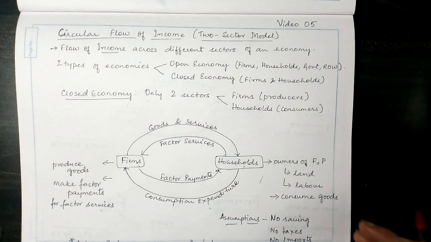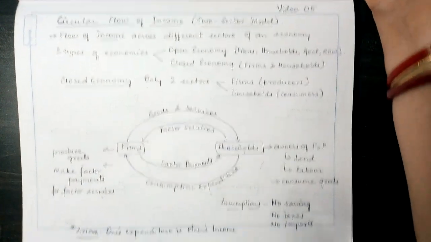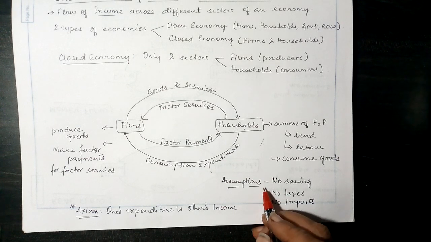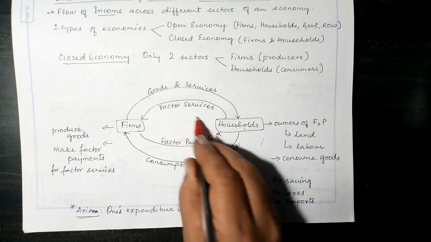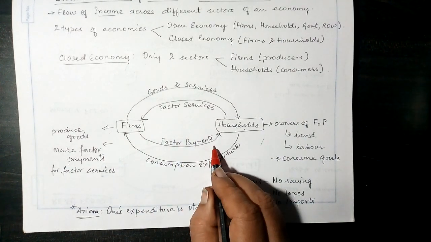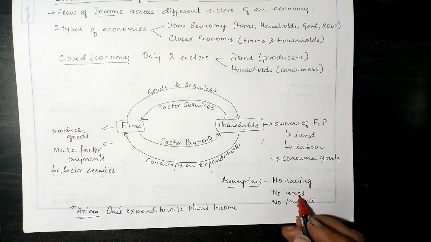Now here we call it a circular flow because we assume that the households don't save anything. That is, they spend all the income earned in this process and they do not pay any taxes. Also, there are no imports from the rest of the world.